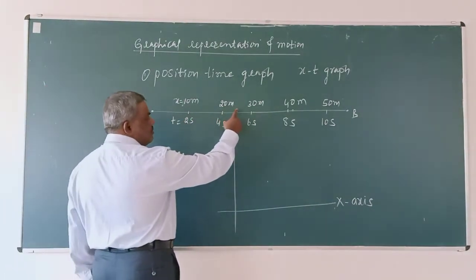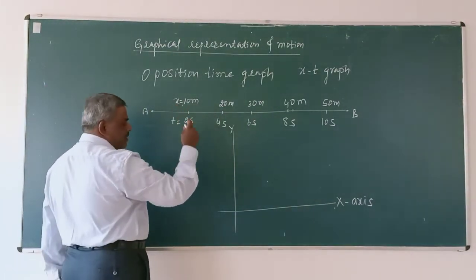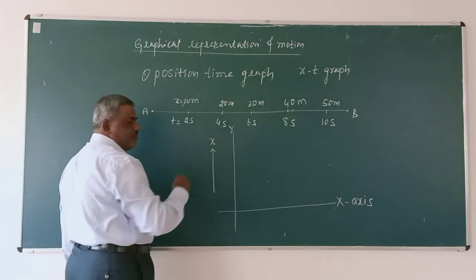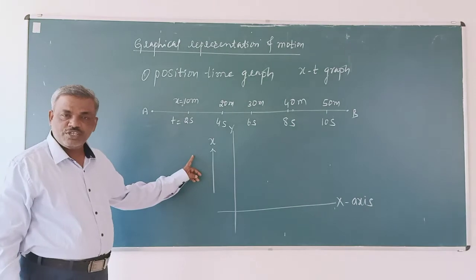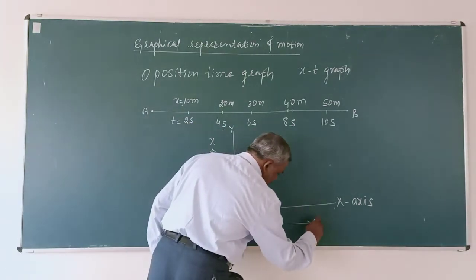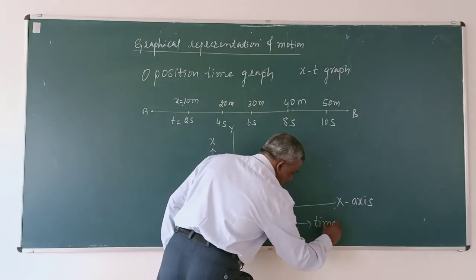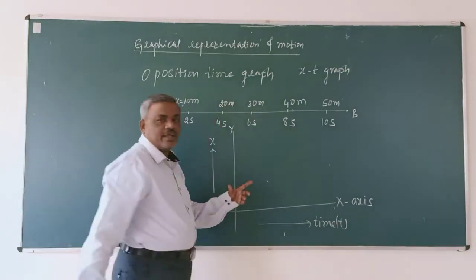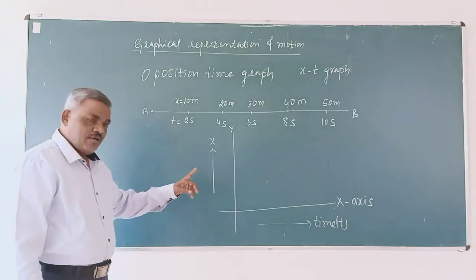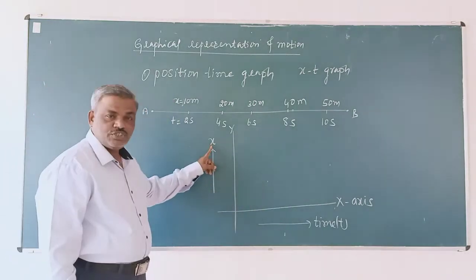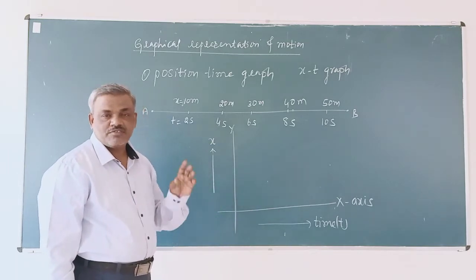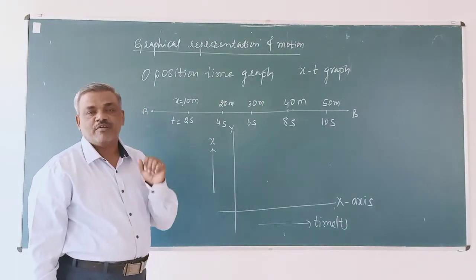The position, the distance, the x value, is taken along the y axis, and time t is taken along the x axis. The graph obtained by plotting position along the y axis and time along the x axis is called a position time graph.